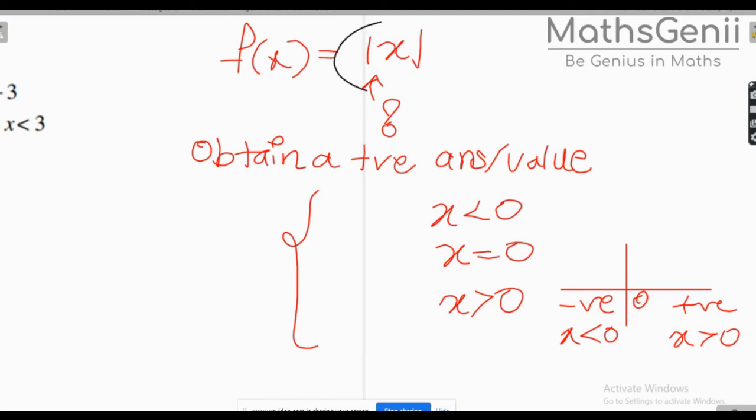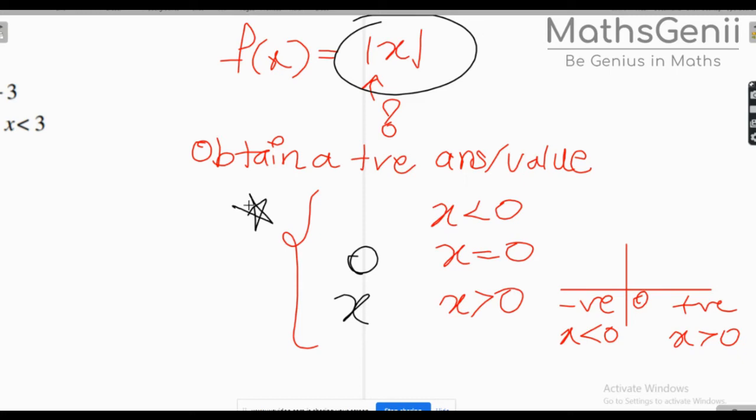Now when you remove mod for x greater than 0, it's anyway going to be positive, correct? If I remove mod for a positive number, it's going to be positive only. So mod x will remain x only. Even at x equal to 0, if you substitute x equal to 0, it will become 0.